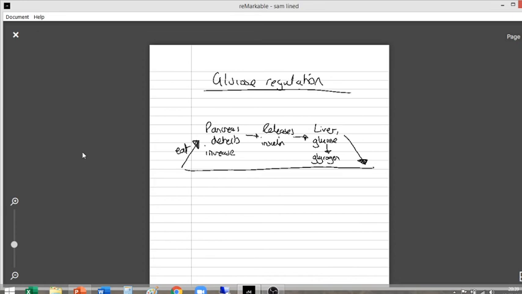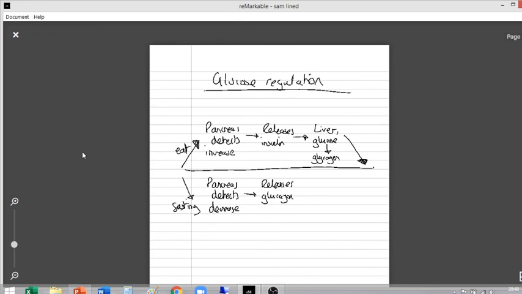Oppositely, if you are fasting and you don't eat any pizza, the pancreas will detect the decrease. It releases the hormone glucagon. Glucagon's target organ is the liver, and it causes the glycogen to be converted back into glucose.